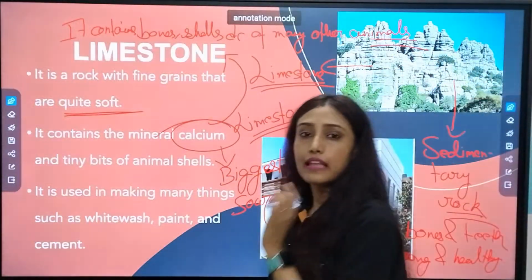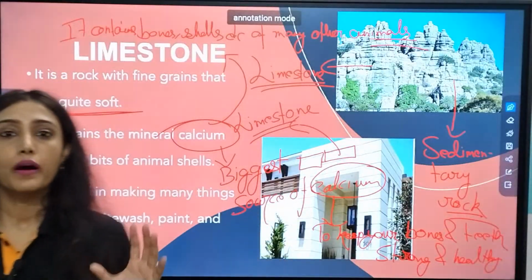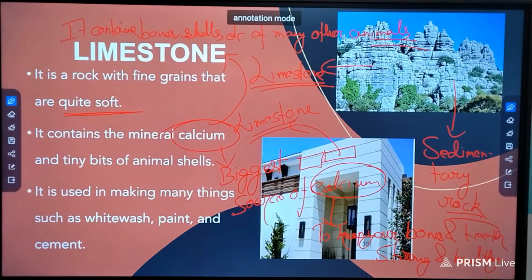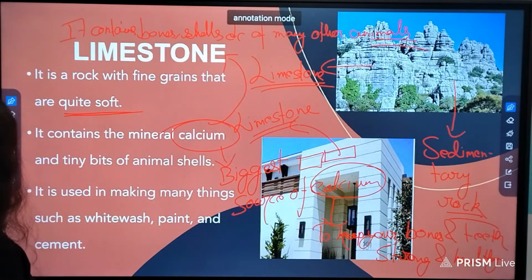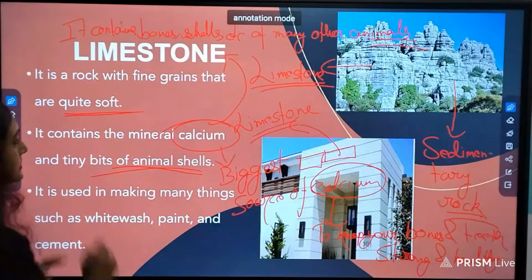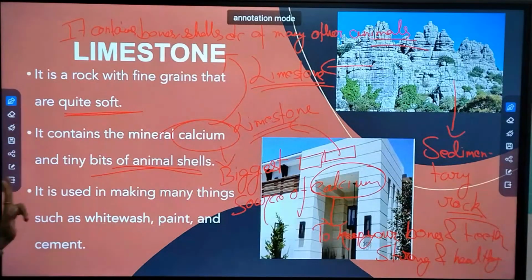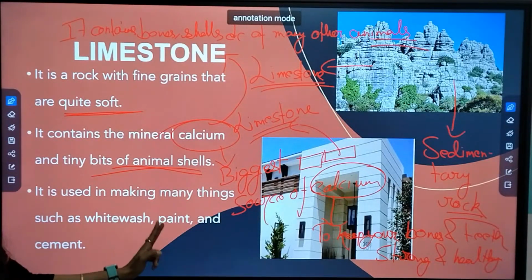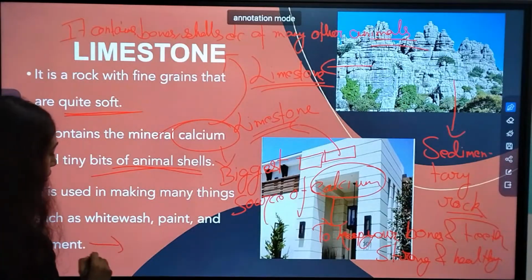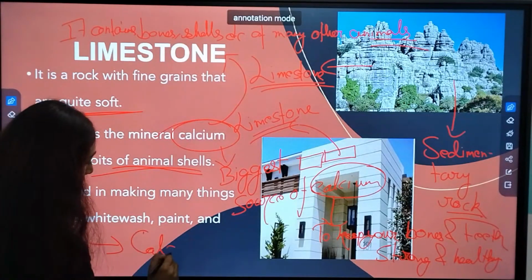That is the reason limestone contains so much calcium. Now let's read. It contains the mineral calcium and tiny bits of animal shell, which itself is a source of calcium. It is used in making many things such as whitewash, paint and cement, and is also a source of calcium.